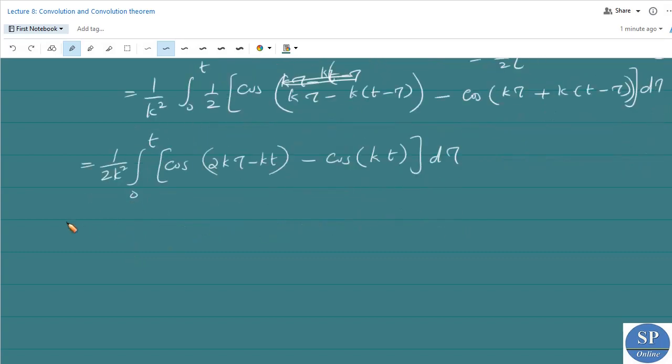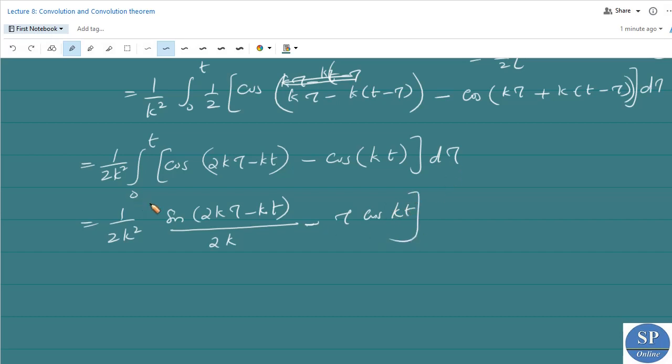On integration we get 1 by 2k square, the integral of cos is sin(2k tau minus kt) divided by 2k, because we are integrating with respect to tau, minus tau into cos kt, because cos kt is constant with respect to tau, from tau equal to 0 to t.